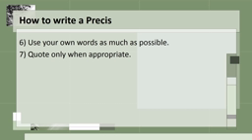Okay, and then by writing a précis, you simply attribute the source using APA citation. Okay, for number 7, quote only when appropriate. What are those instances? Okay, when appropriate, that means you only quote, that means you copy the author's words verbatim only if it's the best possible way, okay, to state the meaning.